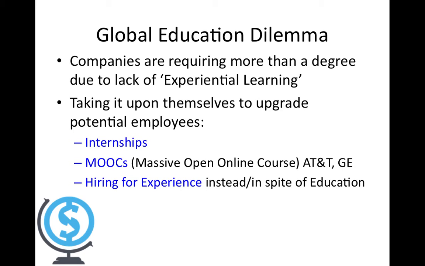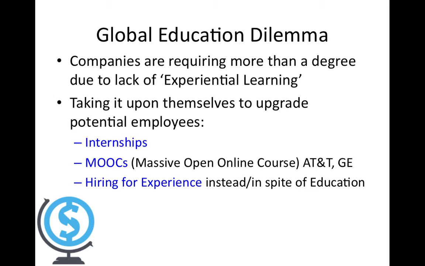So what companies are doing is they're taking it upon themselves to upgrade their employees. And they do that by offering and requiring internships. You've heard of those. Many companies are building their own training courses. We call those MOOCs, a massive open online course. It's an online training and online learning format.